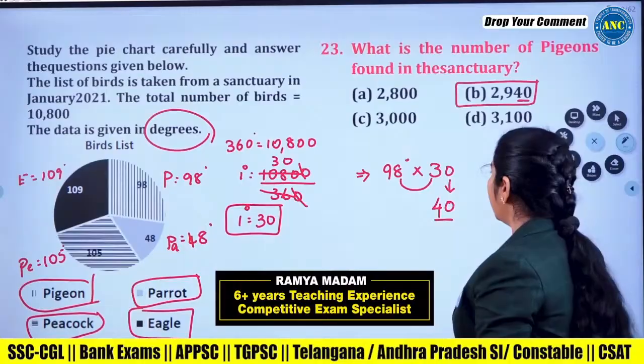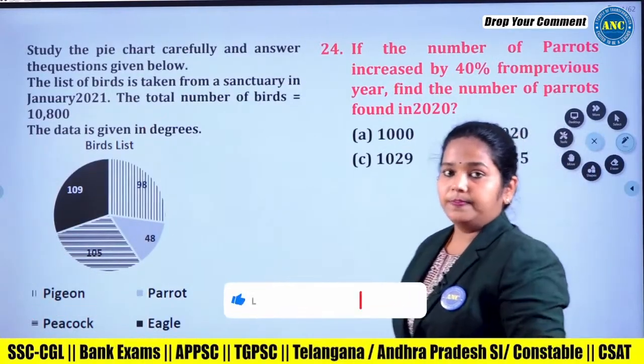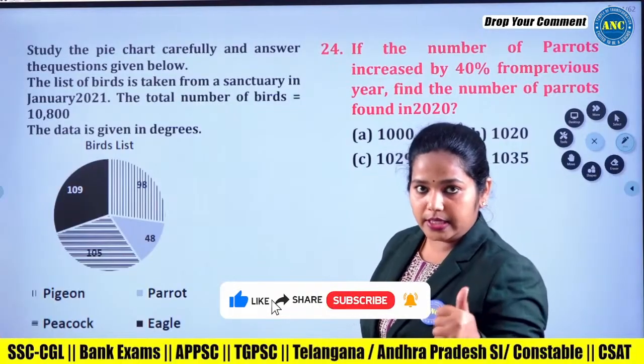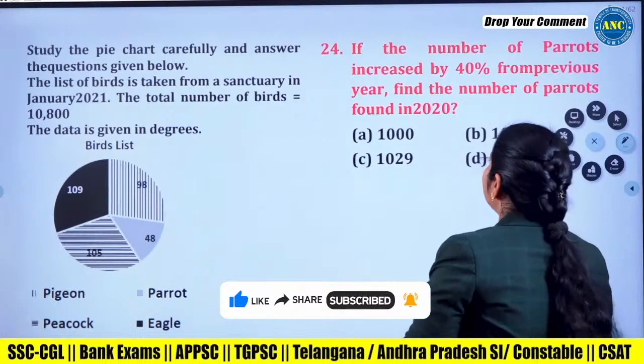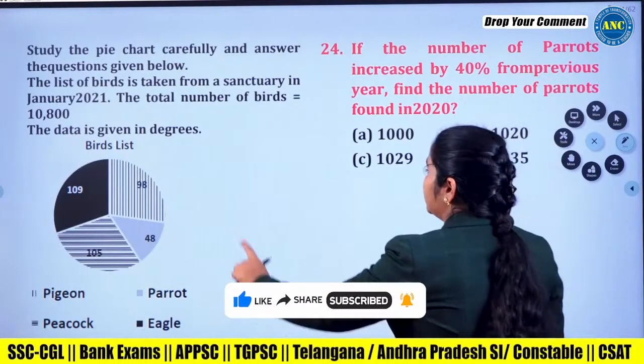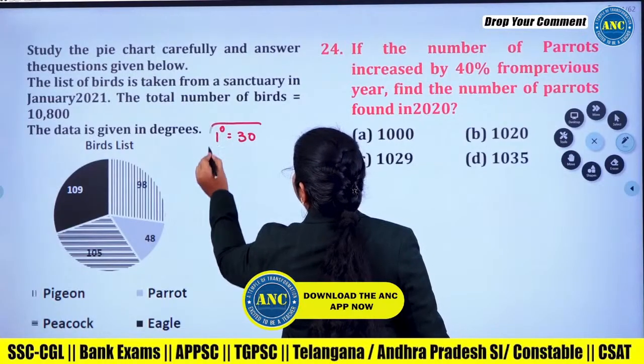Next question. Question number 24. I think this is all clear till now. Question number 24 is, again, just one point to mention here. 1 degree is equal to how much? 30 birds.